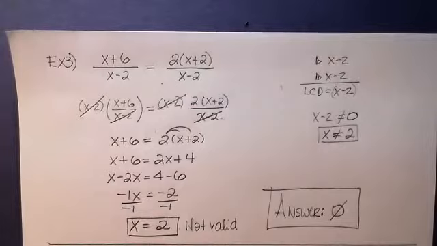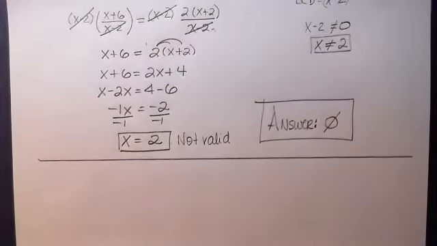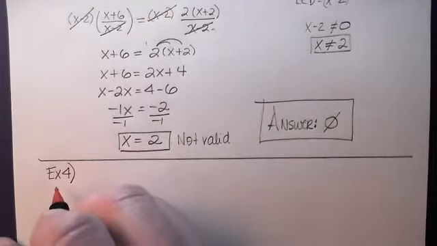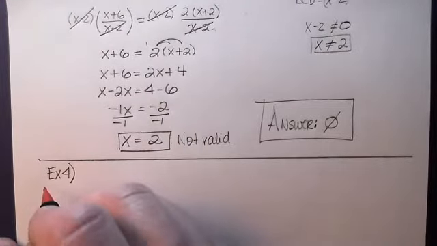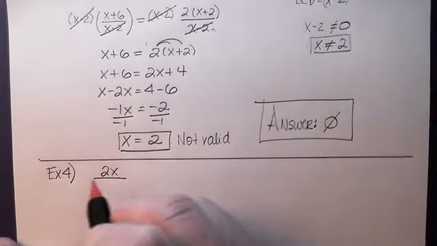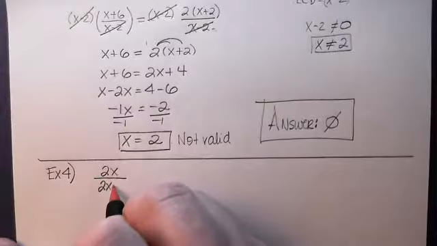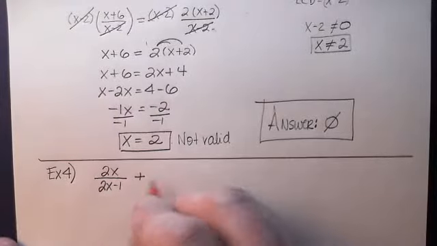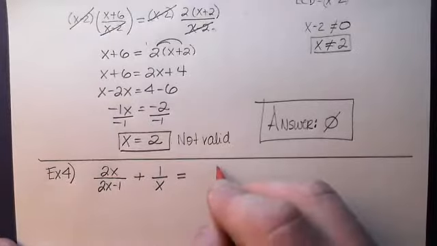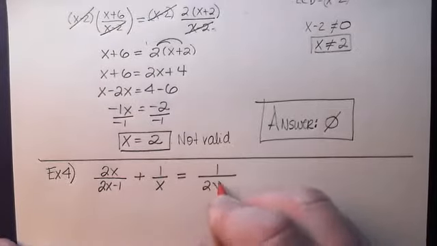Alright, let's go on to the next problem, example number 4. Alright, example number 4 is going to be 2x over (2x minus 1) plus 1 over x equals 1 over (2x minus 1).